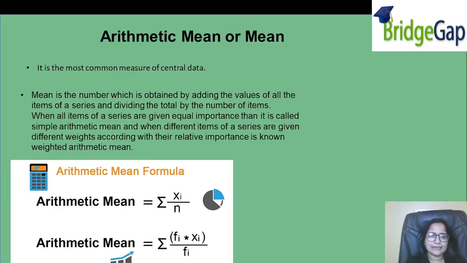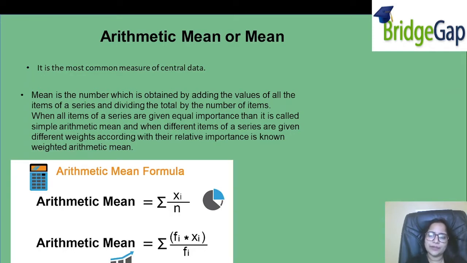When all the items of a series are given equal importance, then it is called simple arithmetic mean. Suppose I am giving equal importance to each item in the series, then we'll be doing it like this. But when different items of a series are given different weights according to their relative importance, it is known as weighted arithmetic mean.